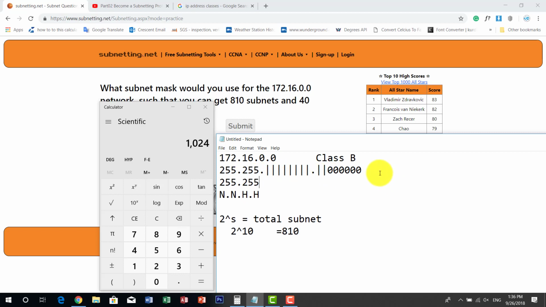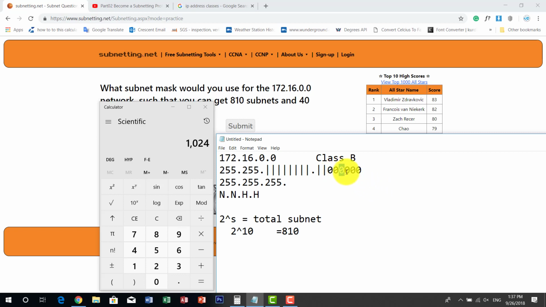So now we can easily find the subnet mask. We change this binary to a number, which we explained in part 1 or 2. If all the bits are on, it means 255. The first one is 128, and the second one is 64.